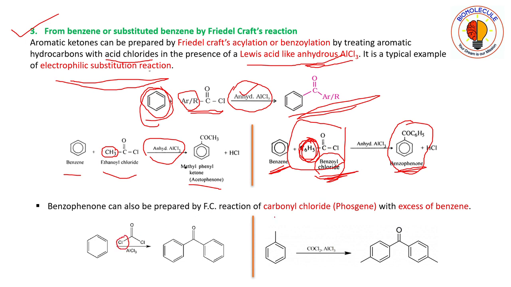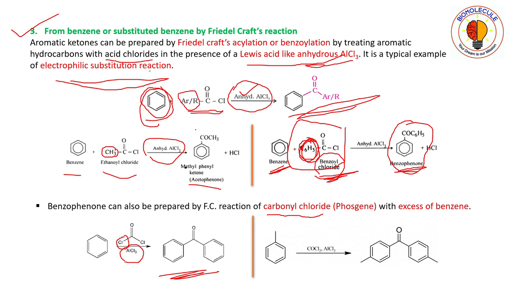So we are now taking carbonyl chloride, that is phosgene, and just keeping other reaction conditions the same. We have to take excess benzene, so carbonyl chloride, that is phosgene, with excess benzene, treated with anhydrous aluminum chloride, you will get the same benzophenone.